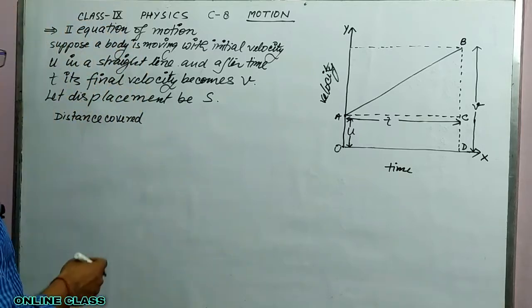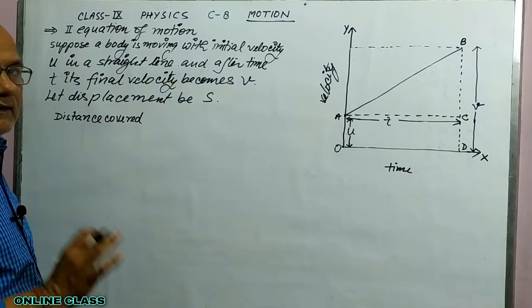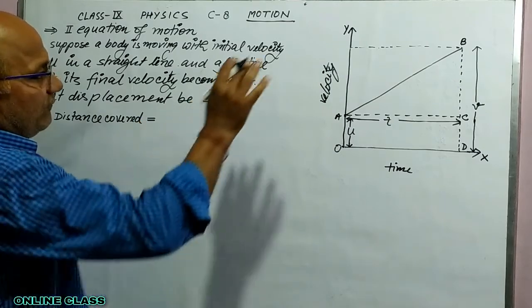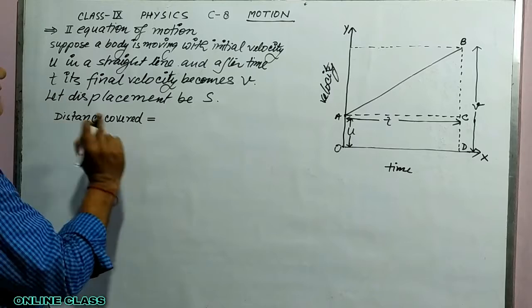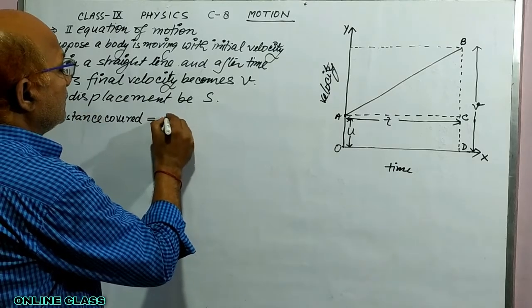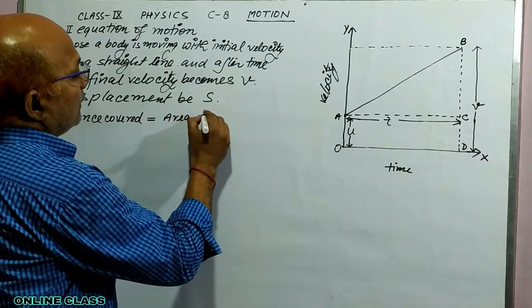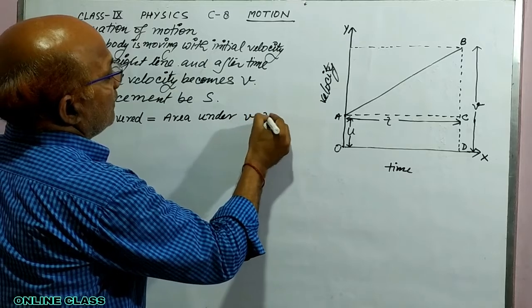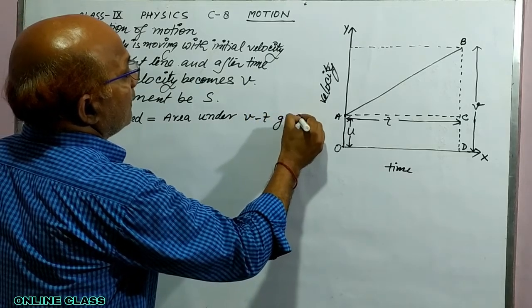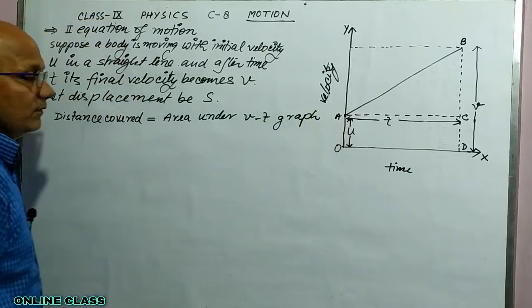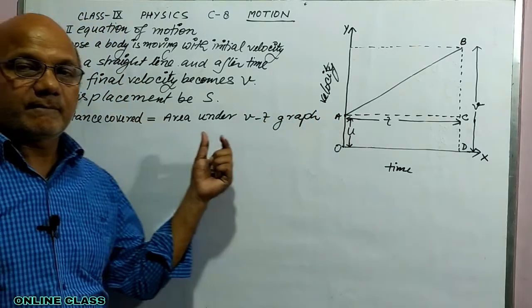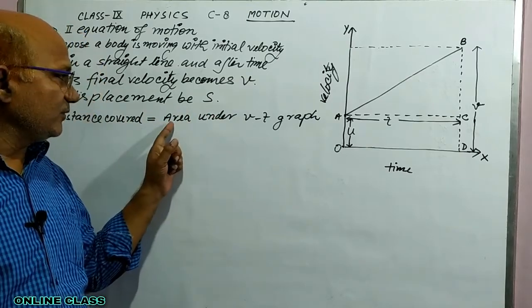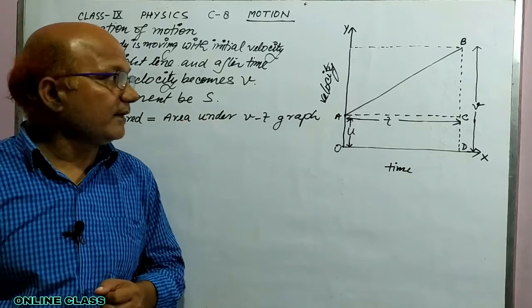Okay. So, distance covered means displacement covered, and from the velocity time graph, distance covered is equal to the area under the VT graph. Or you can say displacement is equal to the area under the VT graph.